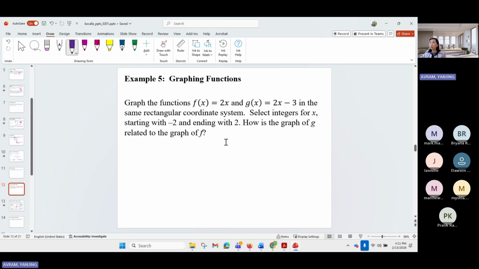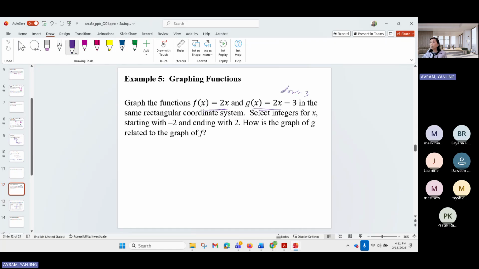Graph the functions. You can graph these two on the same coordinate plane. You can also use a calculator, but basically this f of x and g of x are the same graph, but moved down 3 units.